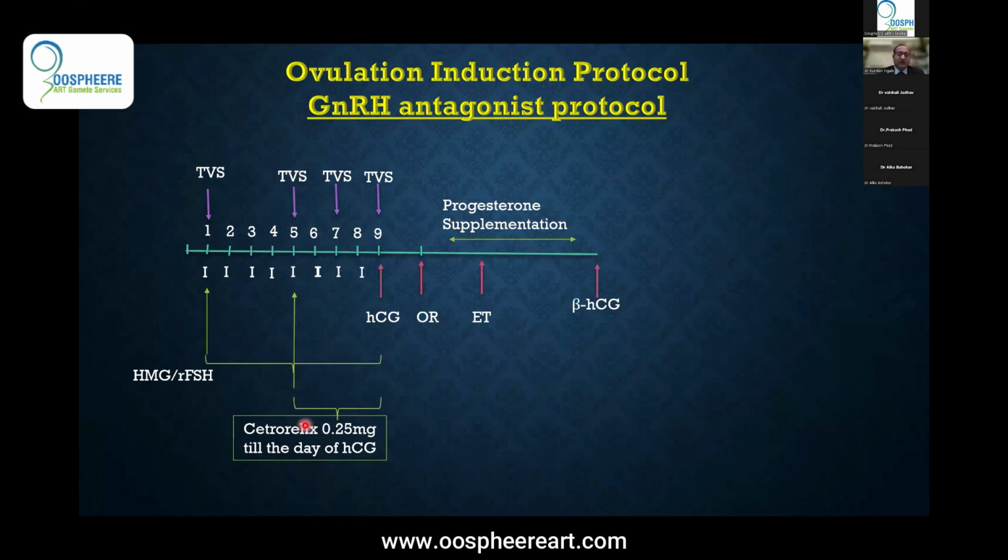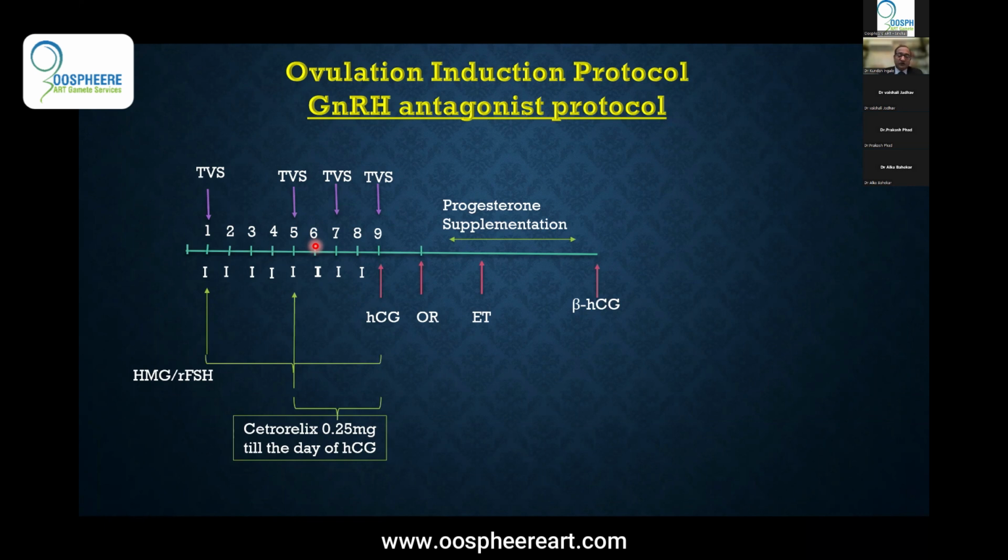So here, if it is a fixed antagonist protocol, you will add cetrorelix 0.25 micrograms subcutaneously from this fifth day of stimulation. Now you do have a choice: instead of the fifth day, you can start on the sixth day. Again that is called a fixed day protocol, because you are sure of the fixed day you are going to start the antagonist.